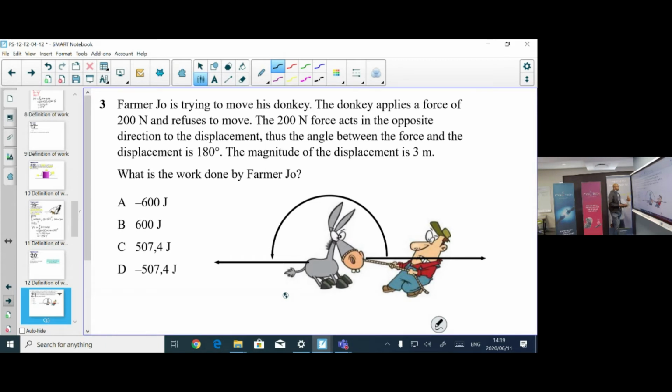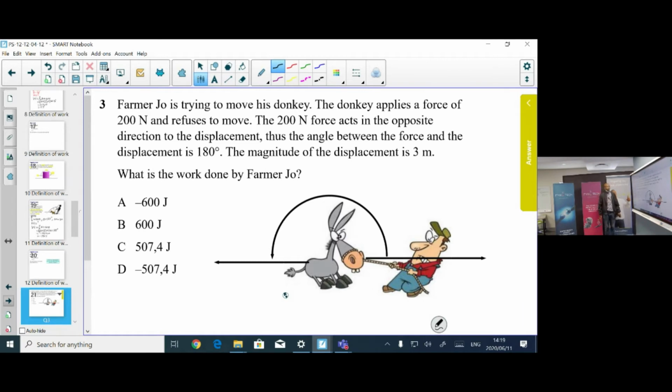We have another example here. This is the exercise that I can just say, I'm giving you 5 minutes to do this. Farmer Joe is trying to move his donkey. The donkey applies a force of 200 Newton and refuses to move.